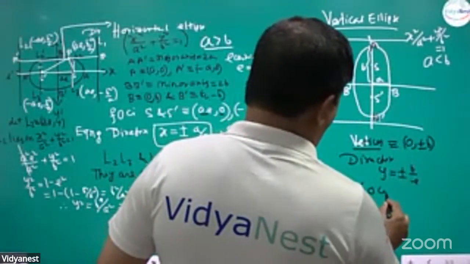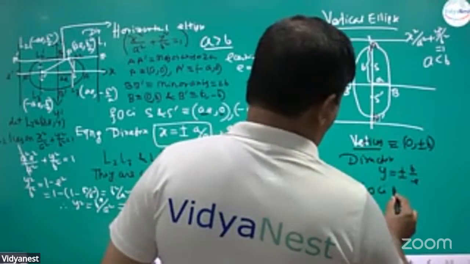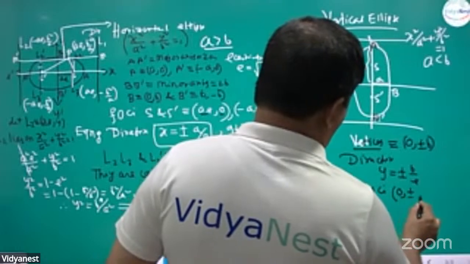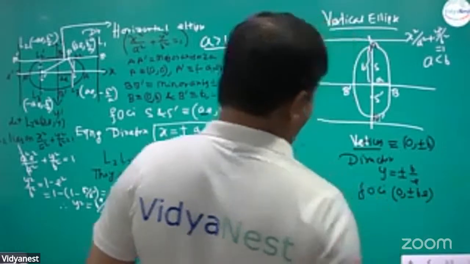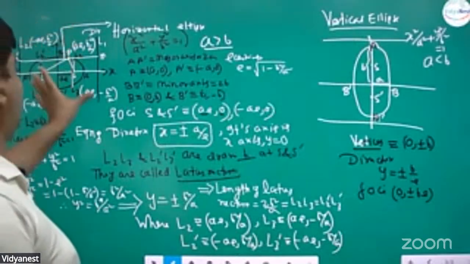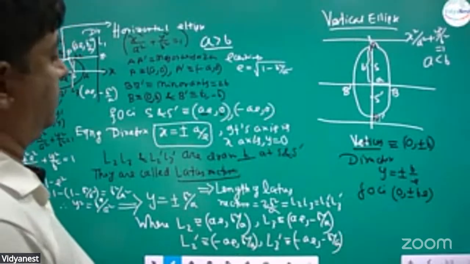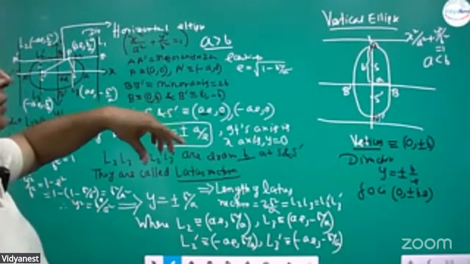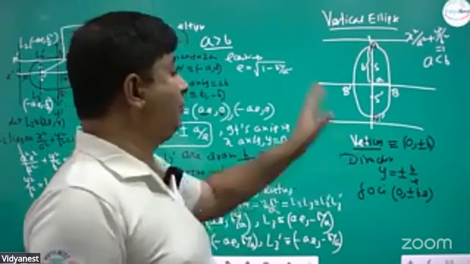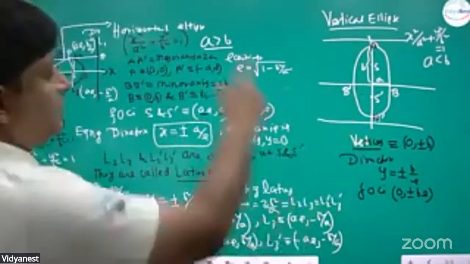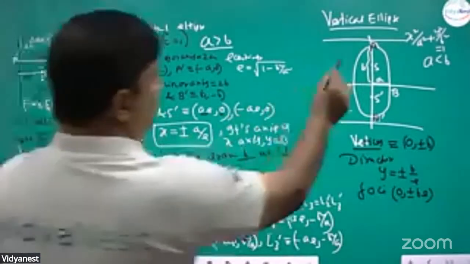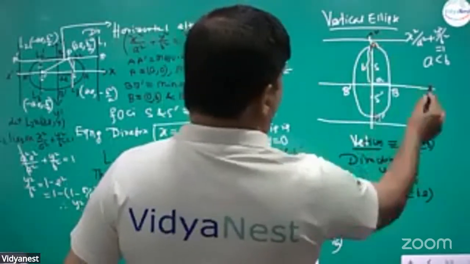Therefore, foci are 0 comma plus minus be. So if you can memorize the properties of the horizontal ellipse, the trick to memorize the properties of the vertical ellipse is that it will be just reversed. Its axis was the x-axis, now its axis is the y-axis.